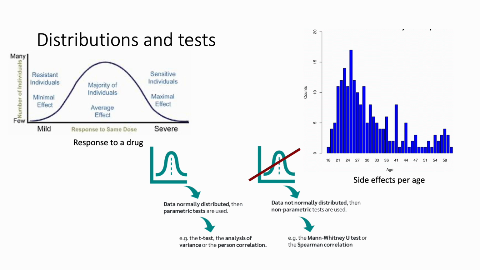We looked into the effect of the drug response to the same dose. On the top right side of the slide, you can see the counts of the adverse drug reactions or side effects observed in patients at different ages.